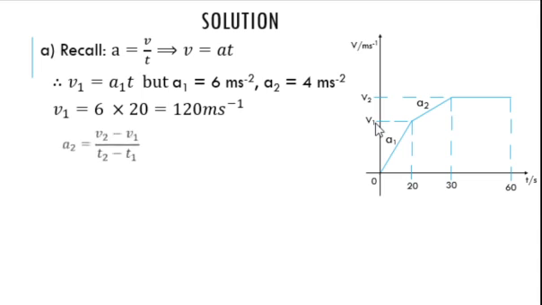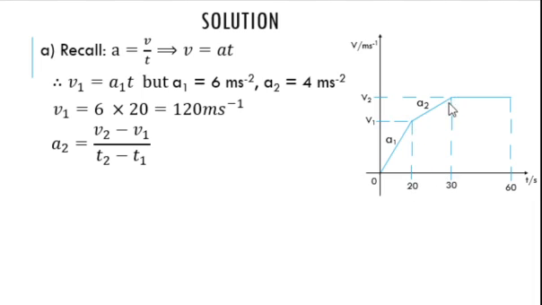If I want to get my V2, I may not be able to use this formula directly. I will have to use another formula that says A2 is change in velocity over change in time: V2 minus V1 over T2 minus T1. My V2 is unknown, my V1 is 120, my T2 is 30, and my T1 is 20.